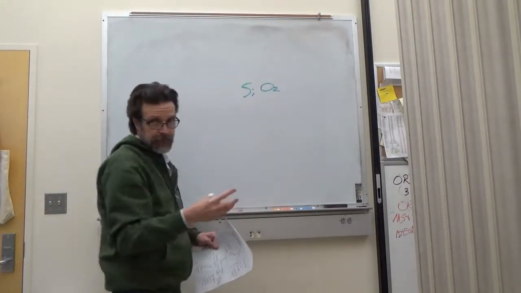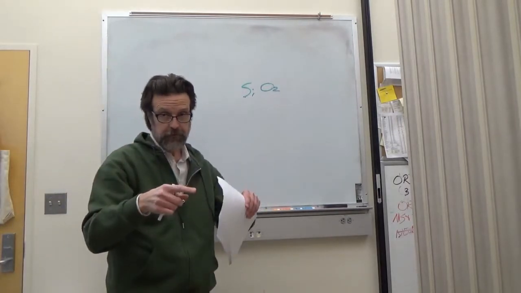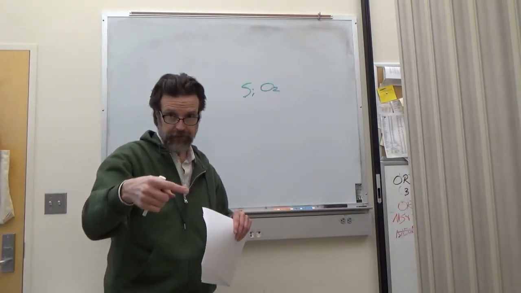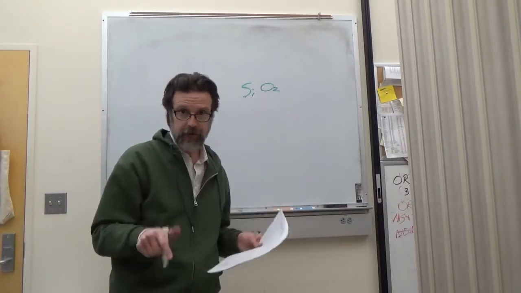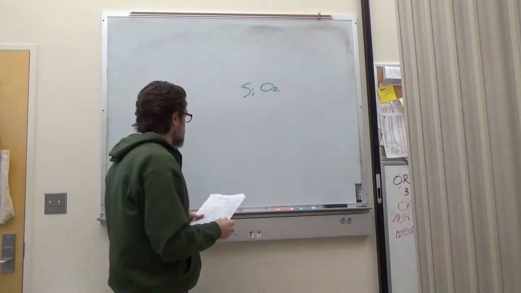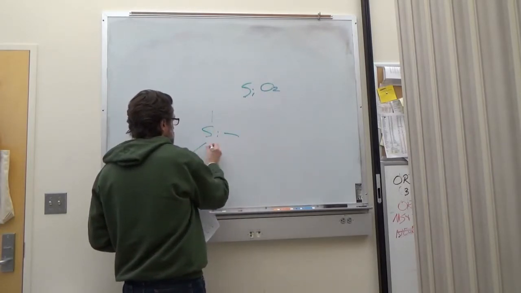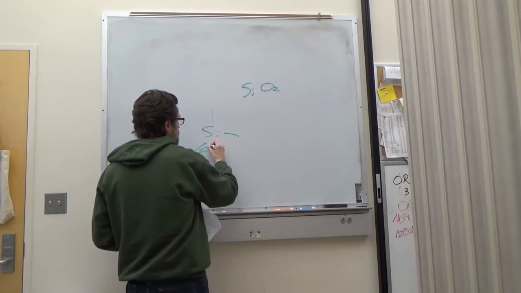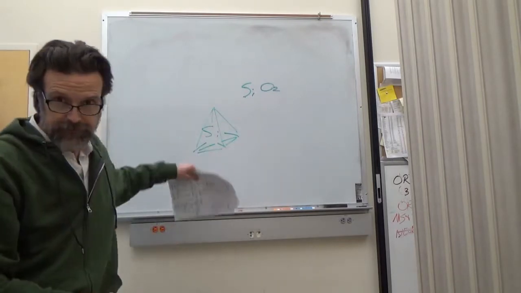Silicon is 4 electron valent, which means that it wants to make bonds with 4 other neighbors to have a saturated electronic structure, and it does so to make a little tetrahedra.